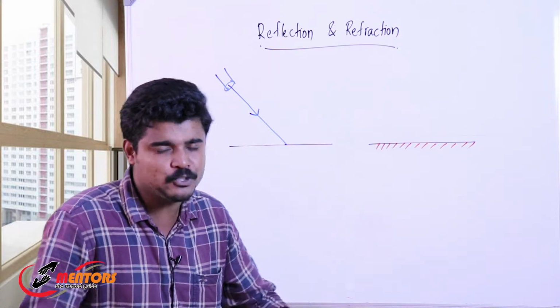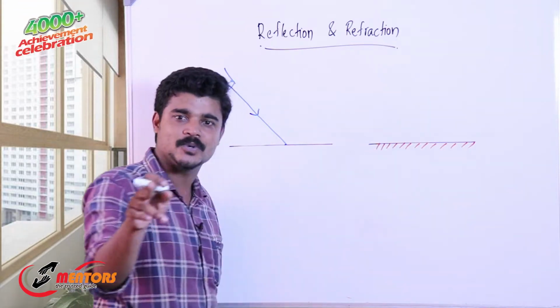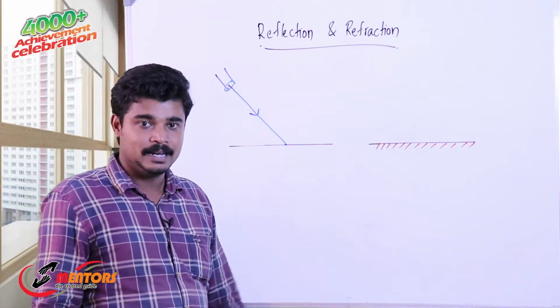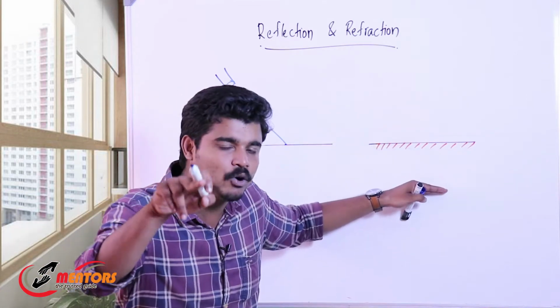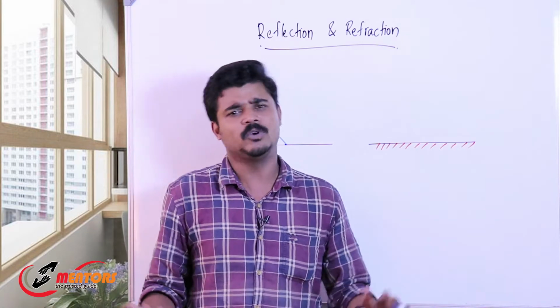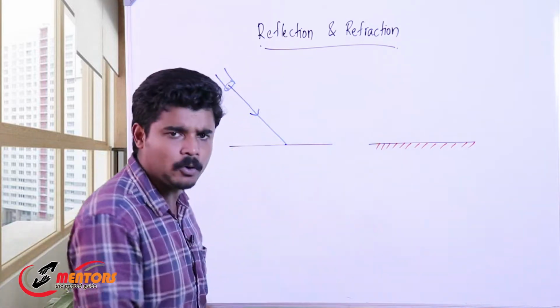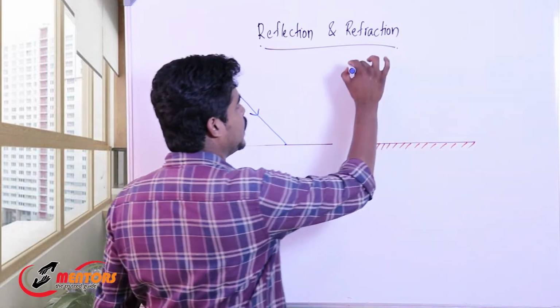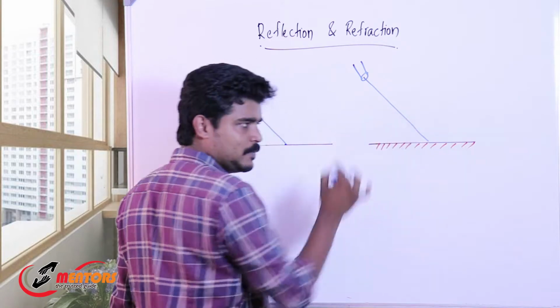Now I am taking the same glass surface, but there is a difference. Now I am covering the second side of this glass with some cardboard or some object. Let me take the same torch, the same amount of light, and the same light ray comes here.